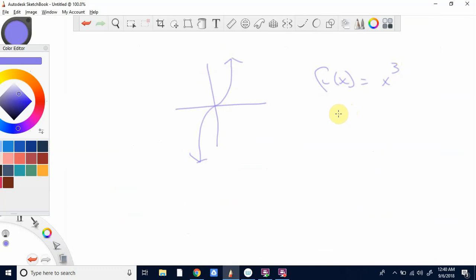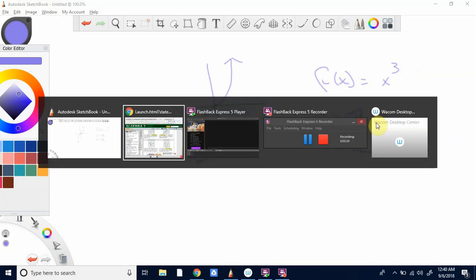This is the simplest form of the graph; it goes through the origin and has a bend. The domain is going to be all reals, and the range is also going to be all real numbers. Okay, so that's the first thing we have to learn. So let's look at example 1 in our notes.